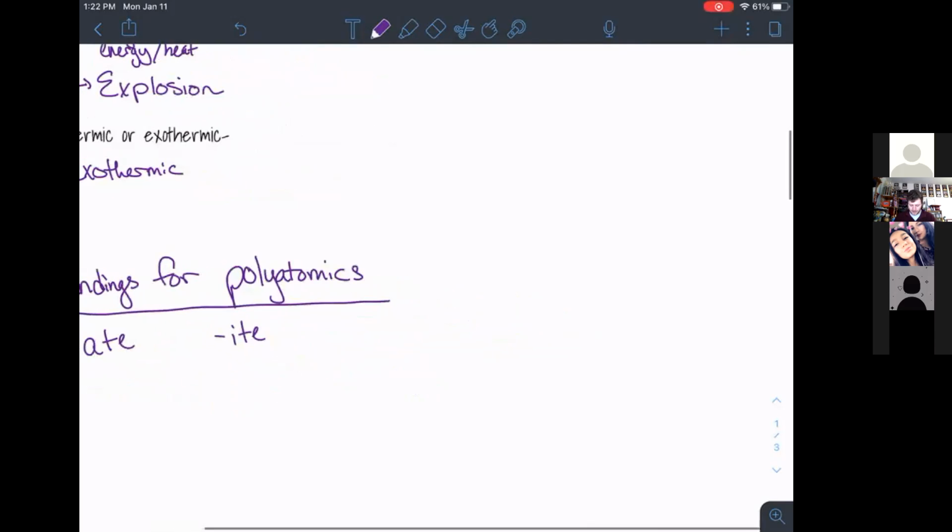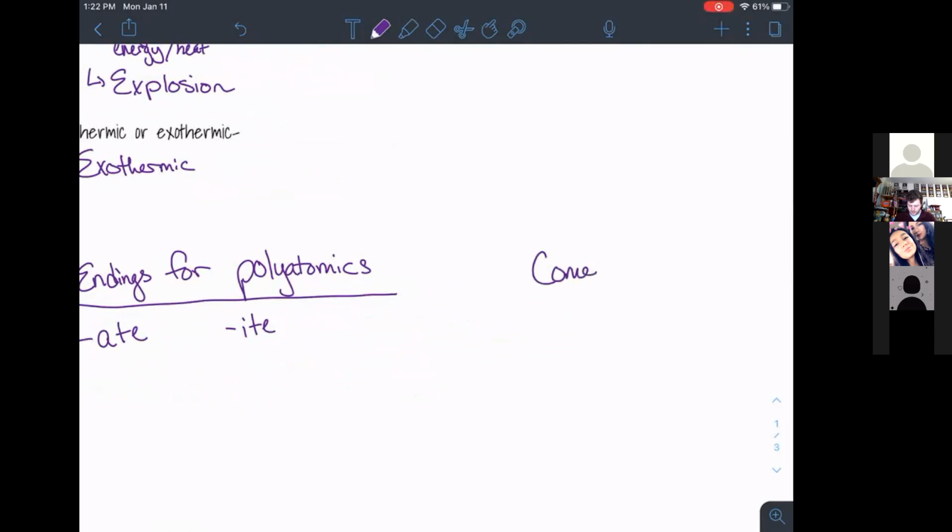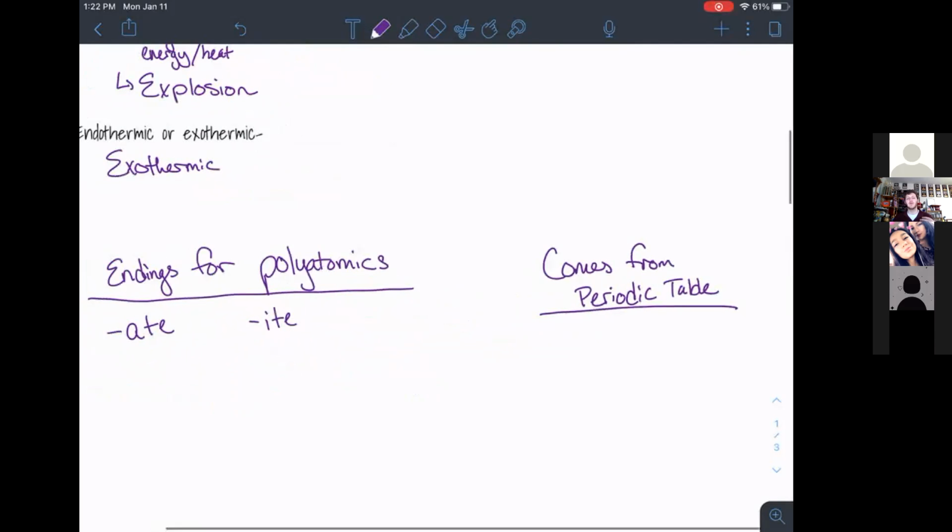If it comes from the periodic table, what ending would it have if we pulled it from the periodic table and we put it in an ionic compound? IDE. Well, you'd have IDE as our ending. And so the difference when we're looking at the names, it's going to be that ATE and ITE versus the IDE.